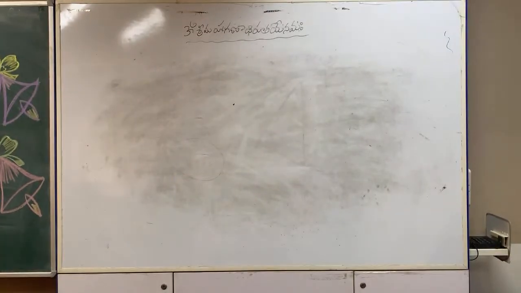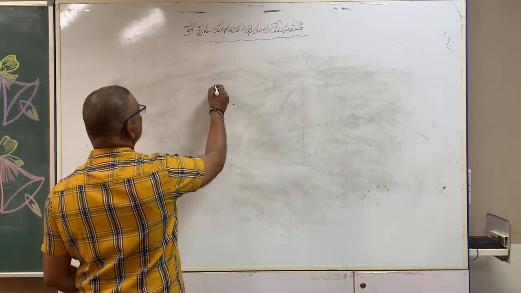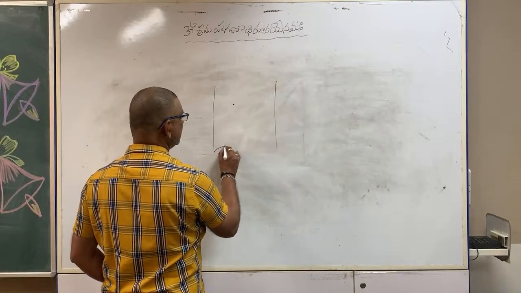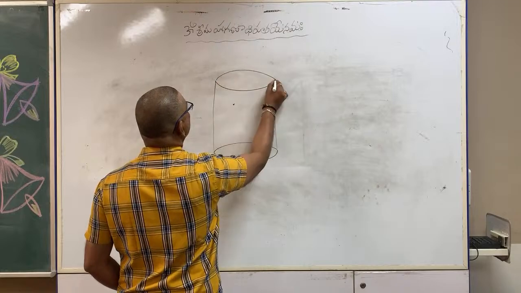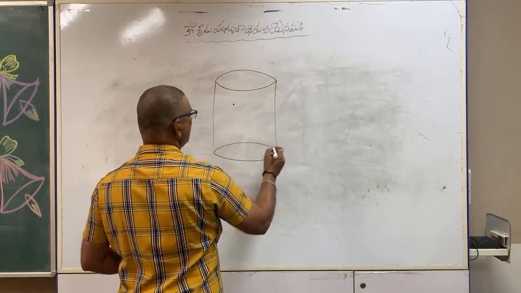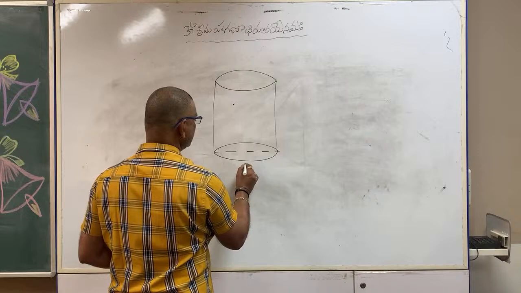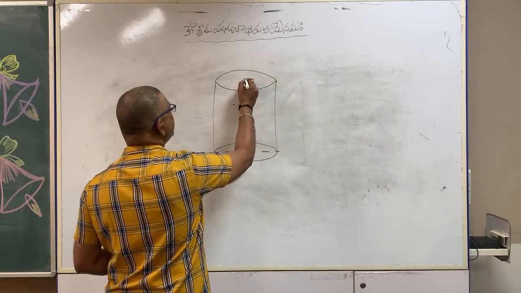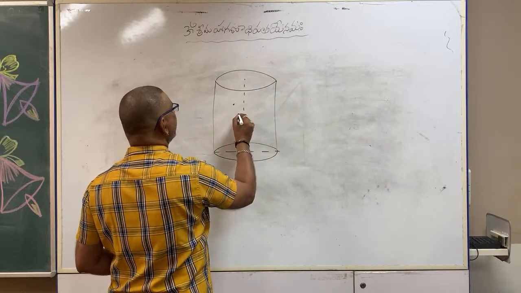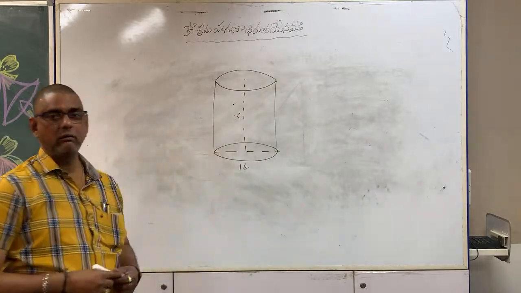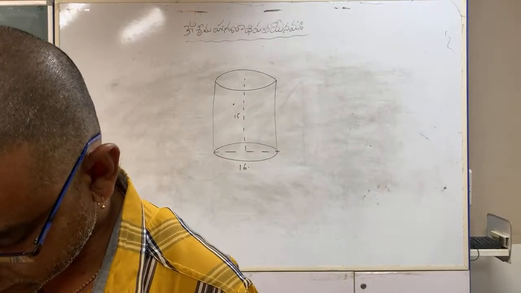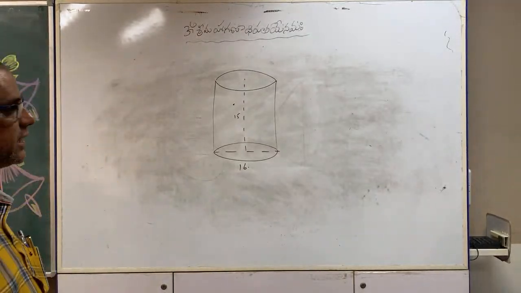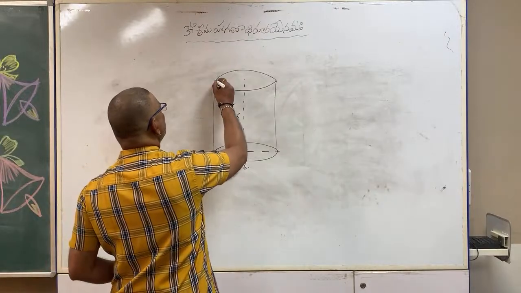From a solid cylinder, diameter 16, height 15, a conical cavity of same height and same diameter is hollowed out.